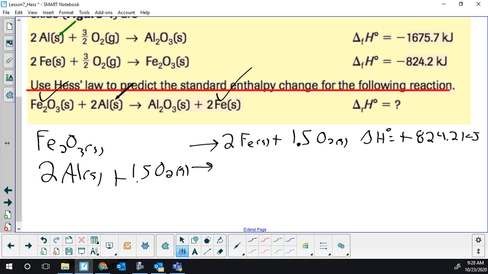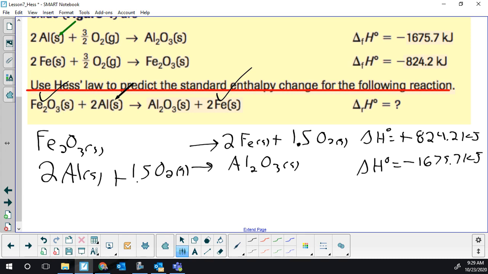I've nicely left room to line up my arrows. And I get Al2O3, aluminum oxide. I didn't do anything here, so I can copy that enthalpy change exactly as written, minus 1,675.7 kilojoules.